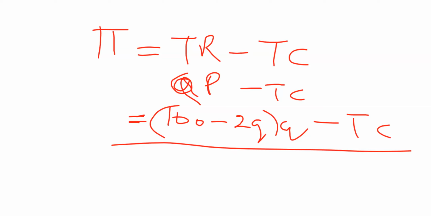It said, a food manufacturer can sell all refrigerators of a particular type that it can produce. Total cost of producing Q per week is given by 300Q plus 200. That means the total cost function, TC, is equal to 300Q plus 200, settled.